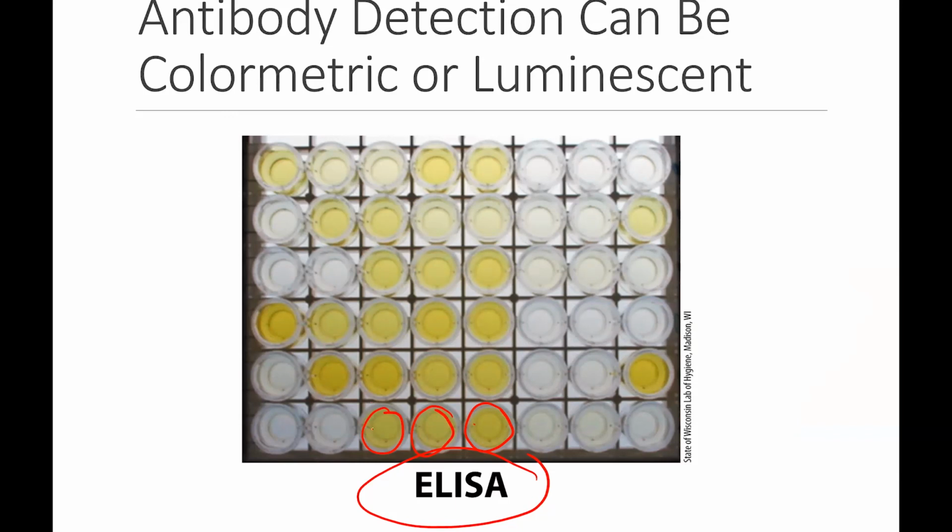So you can tell, for example, these ones I've circled that are changed to a yellow color, they have the protein in them and there's a lot of it. Whereas maybe a sample like this at the top, where it's kind of a lighter yellow, there's still protein in there, but there's maybe not as much. So we can use this color change and we can then actually analyze the color change with spectroscopy. Remember, spectroscopy helps us measure how much color there is.